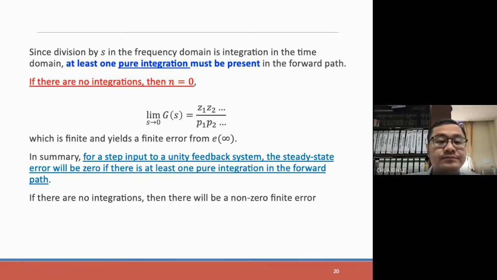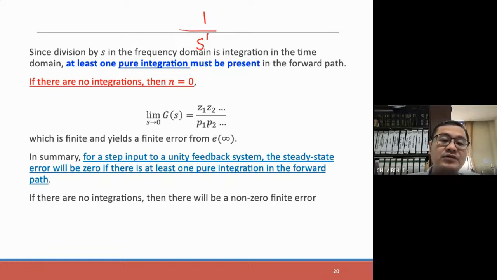We call that S in the frequency form an integrator, as we say, 1 over S. So at least 1. We say that the integrator form must be present for this kind of system when the step input is inserted into the system.